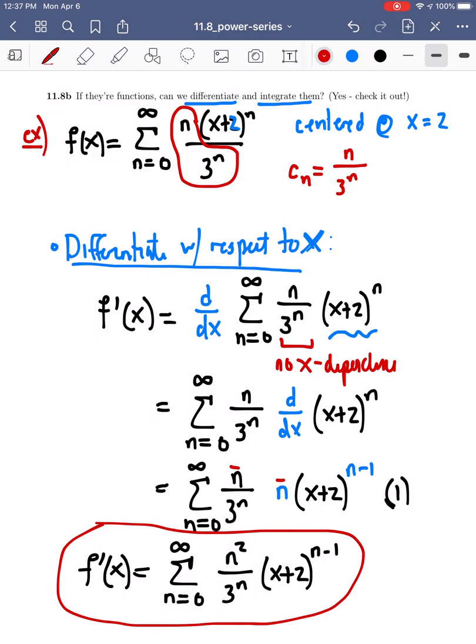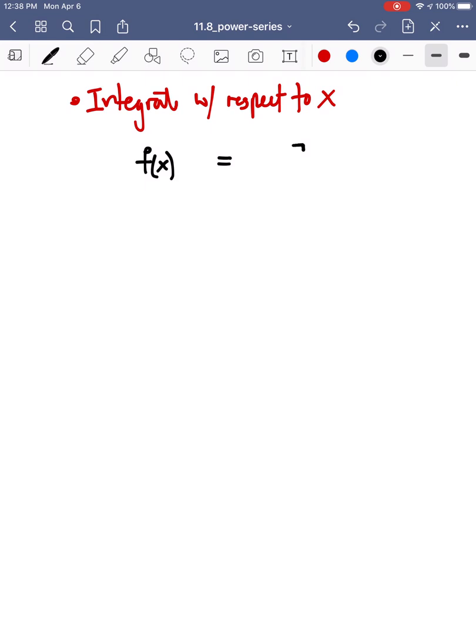Spoiler, the same thing is going to be true when we integrate. So let's try integrating now. And again, when we integrate power series, we're thinking about integrating them with respect to x. So let's just quickly rewrite that original power series, and we want to integrate both sides.